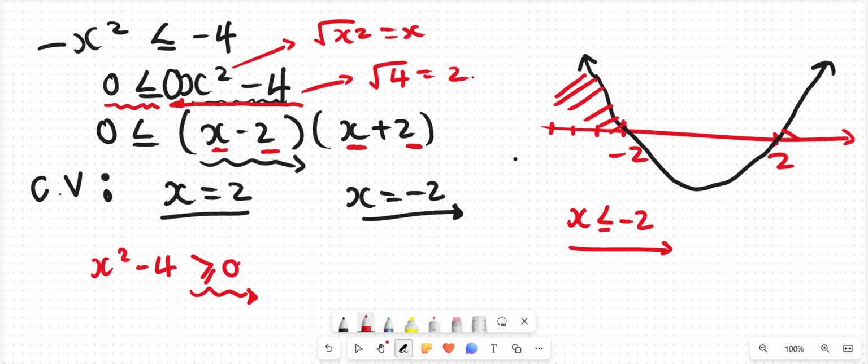Then we have another range on this side where it's above my x-axis. How do I represent that range? If there was a number here like 3 or a number here like 4, what would that number be? Those numbers are numbers greater than 2. So x is greater than or equal to a positive 2. So there is my one range and there is my other range.